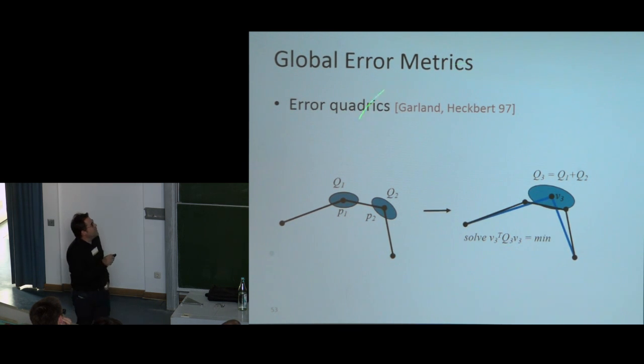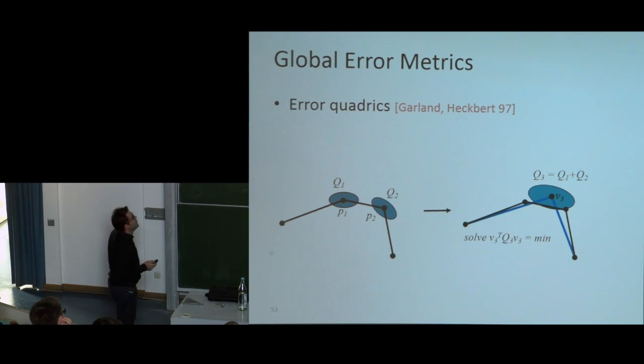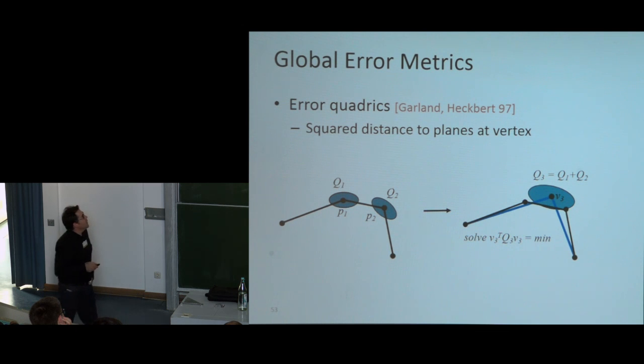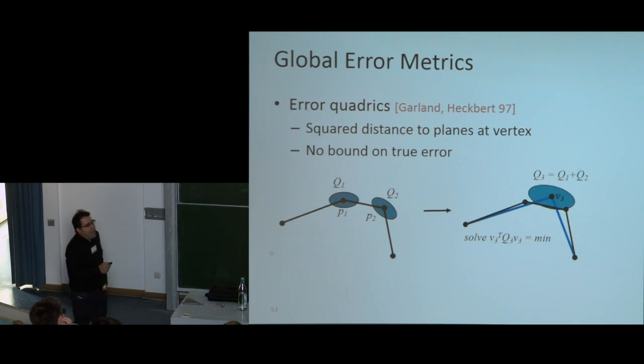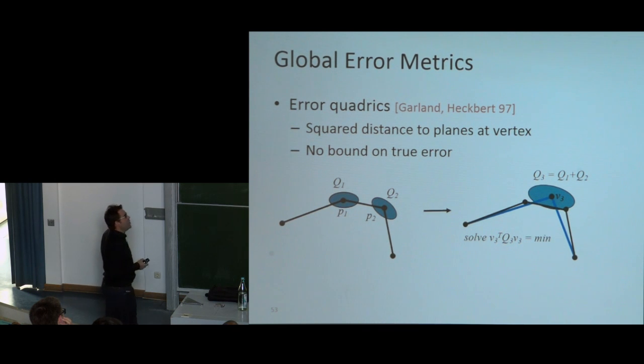So yeah, this is maybe the most popular approach for mesh simplification. There is no real bound on the true error. Okay? It's at all steps an approximation.